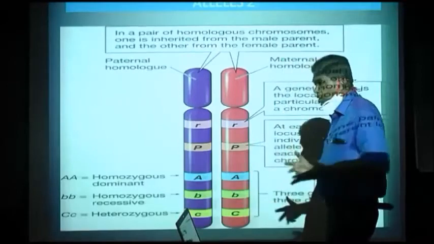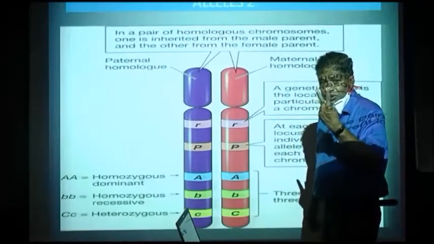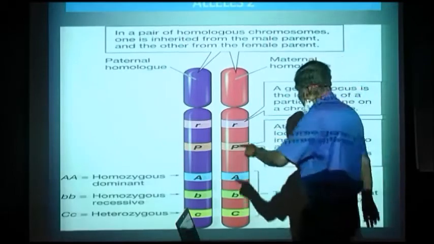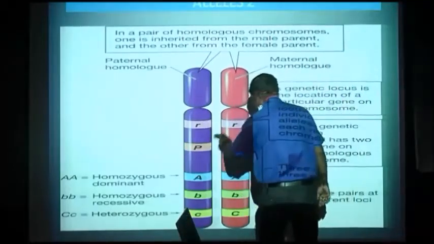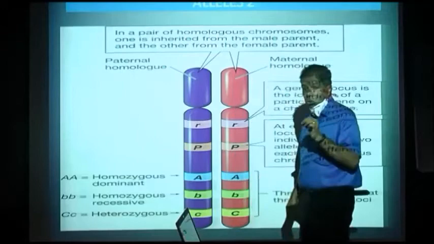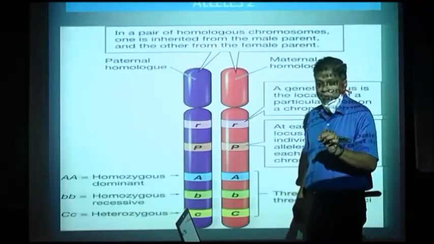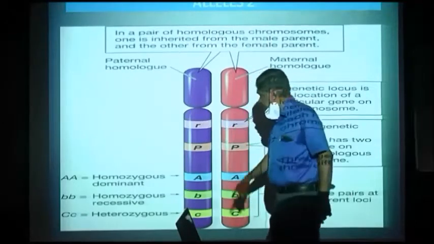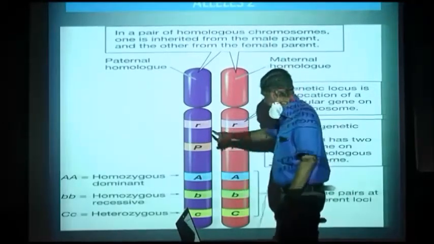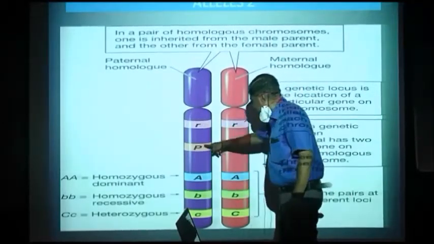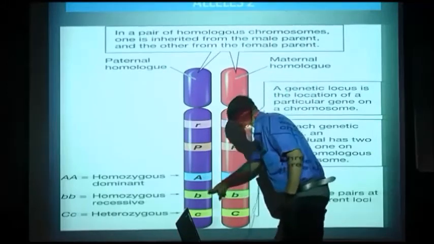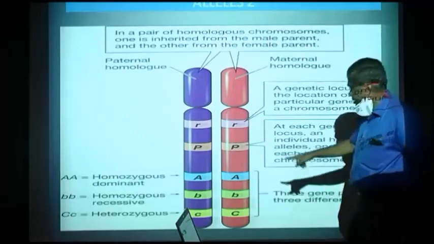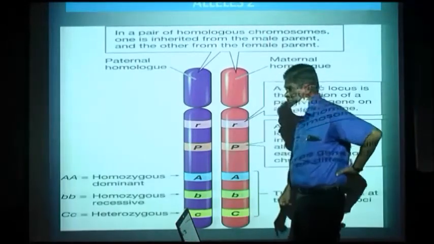Similarly, all organisms have two sets of chromosomes, each in pairs, and these positions are called locus, or loci in plural. This is a locus, this is a locus. Now, you may mark here that the two loci are at the same position in all the things that we are observing here.